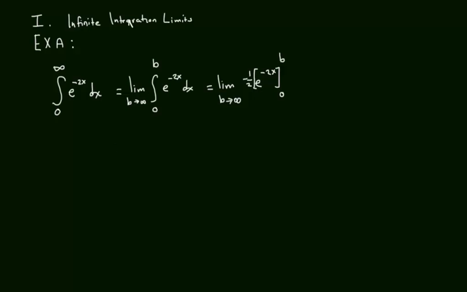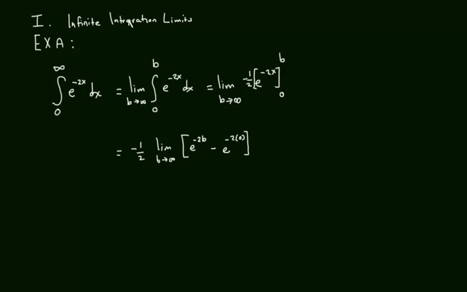Now, as this continues, I'm going to pull the negative 1/2 out. This makes it a little less clunky, times the limit as b goes to infinity. Now I employ the fundamental theorem of calculus, part 2. So I'm going to plug in the b into the expression, minus, and I'm going to plug in the 0.